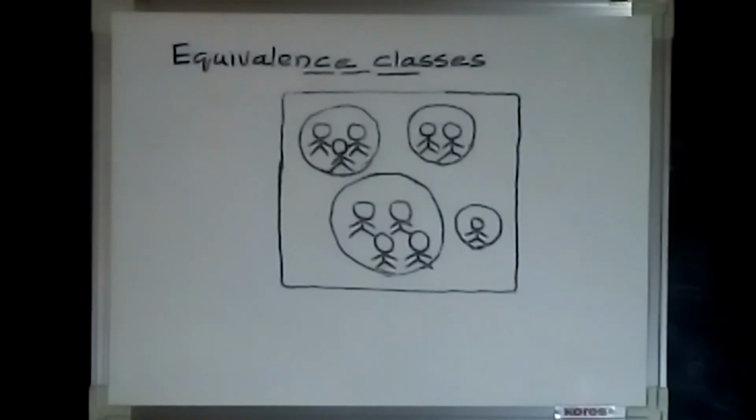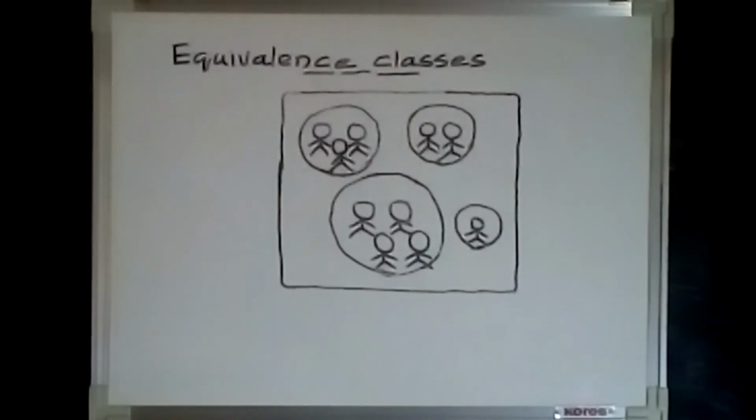On the board, you can see a figure. The picture represents a classroom containing only 10 students. Usually in a classroom, there are some peer groups or gangs.